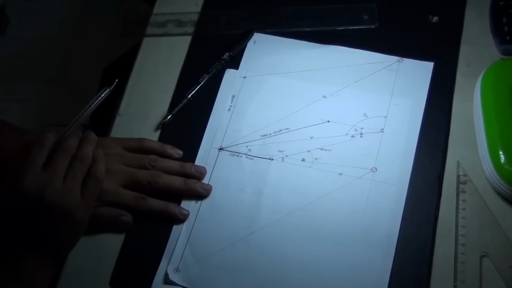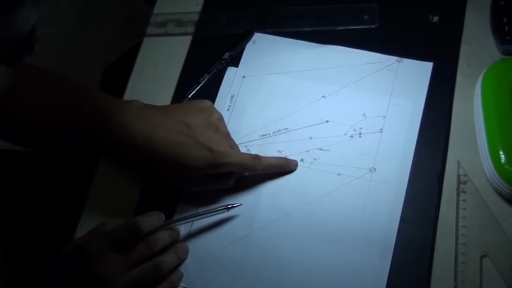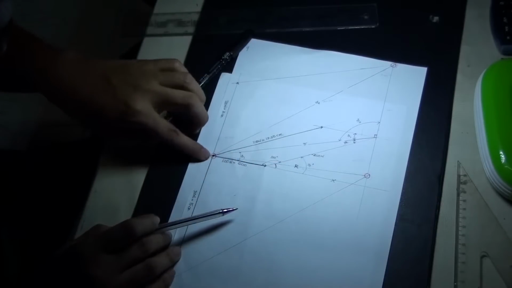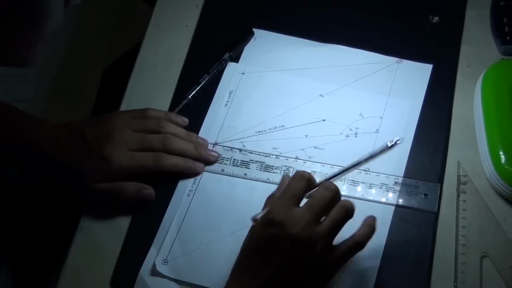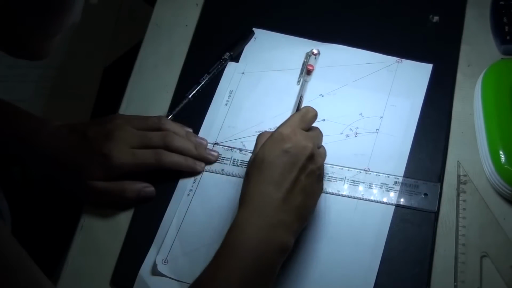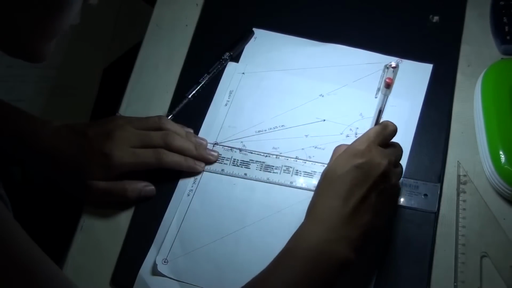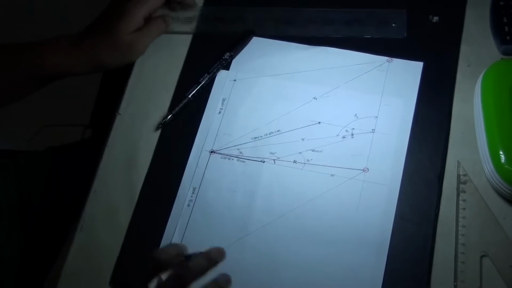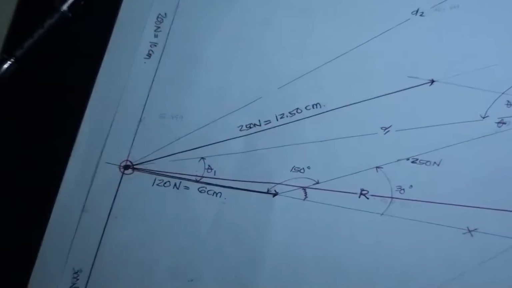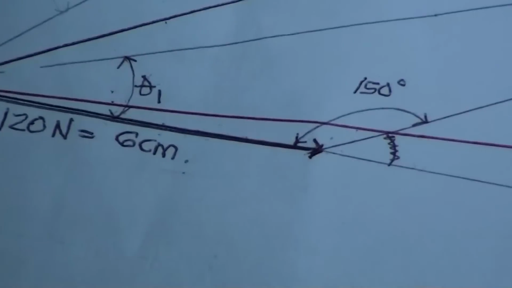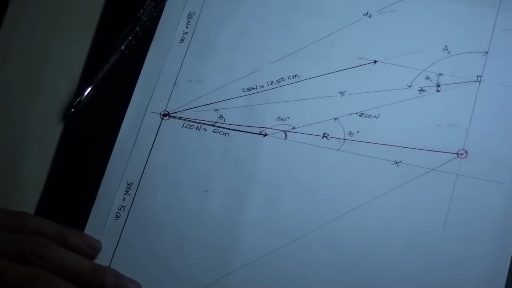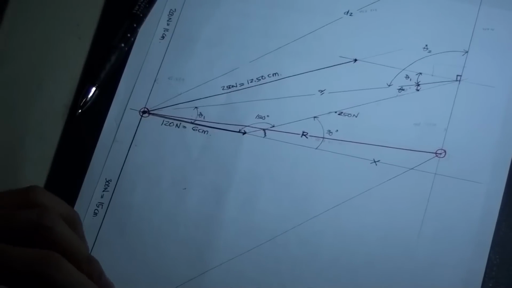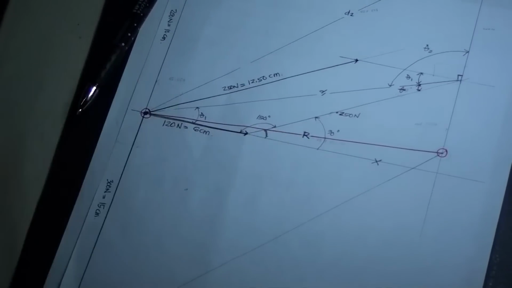So how shall we solve now? Now we need to solve R, so therefore we need angle what? Okay, so I will just draw this, the red one, as the closing line. Okay, here we go, the diagonal, which is R, which is this one.